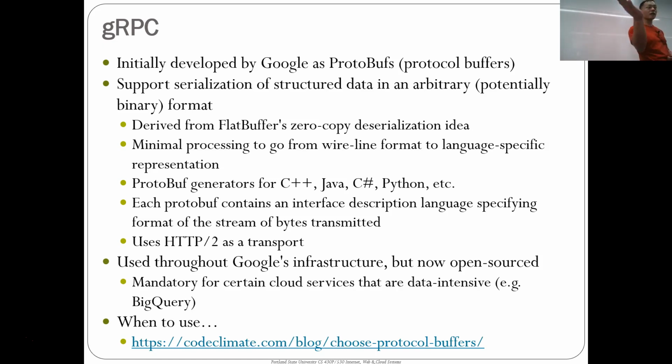You can get the thing back in JSON, or if you want it to be fast and cheaper, you would say, I want to access the gRPC version of that endpoint, and then you can save it that way. There's a URL here for when you would want to choose something like gRPC that you can read. One thing I'll note is that for BigQuery, they make it mandatory that you use the gRPC version of their API.